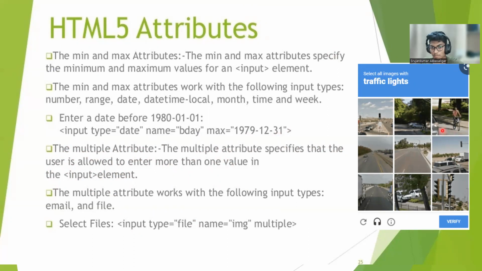Here, multiple images are given, and it can take multiple inputs. The multiple attribute works with the following input types: email and file. Select files. Suppose you want to add multiple files, then multiple files can be selected and then uploaded.